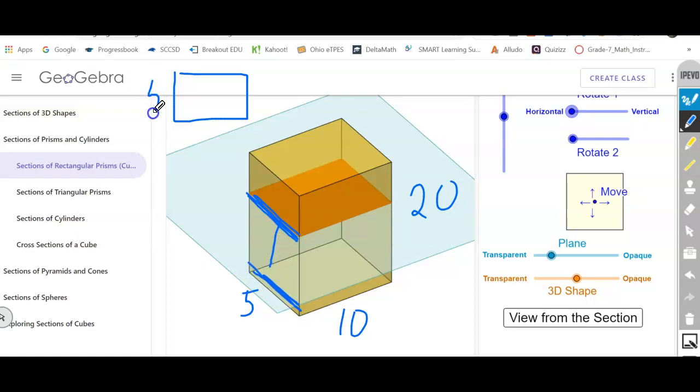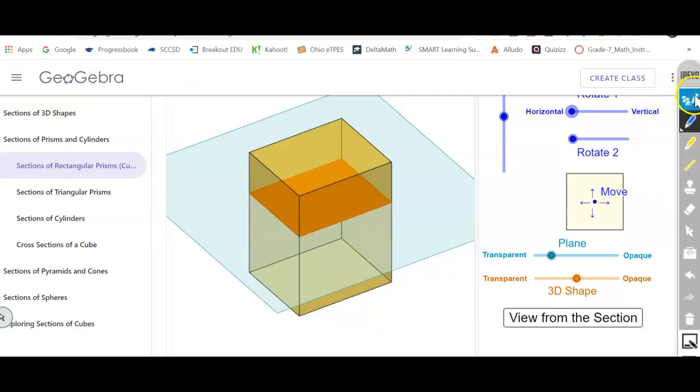So it's 5. And then the other one is this measurement, which goes down to 10. So it's 5 by 10. 20 is the height of the whole prism. And so since it's a horizontal slice, we wouldn't use the 20. If it was a vertical slice, then we would use the 20.